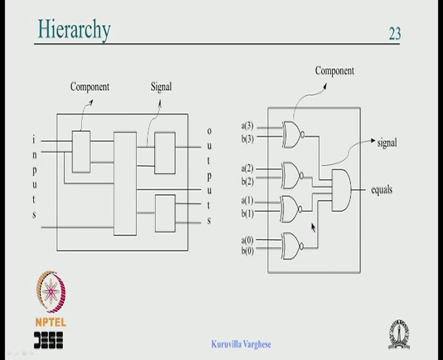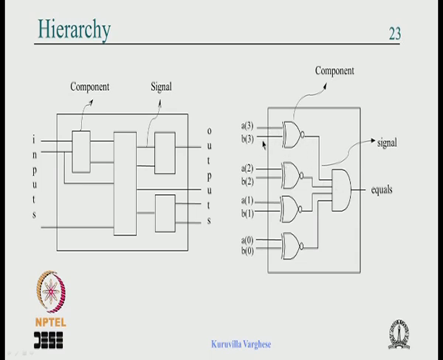So we are going to give a top level entity of the equality comparator. In the architecture declaration region we are going to declare the components exclusive NOR and AND gate, and we are going to declare 4 signals. In the architecture statement region we are going to show that this component will be instantiated 4 times, this one 1 time, and we will show the wire connections.